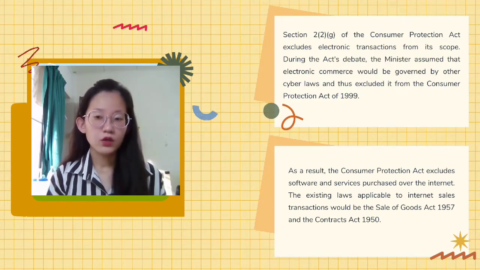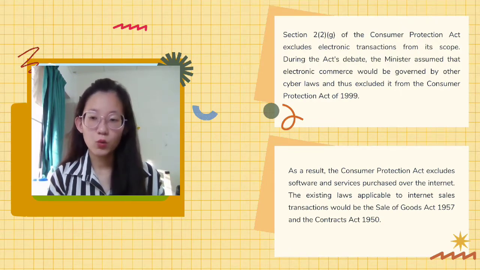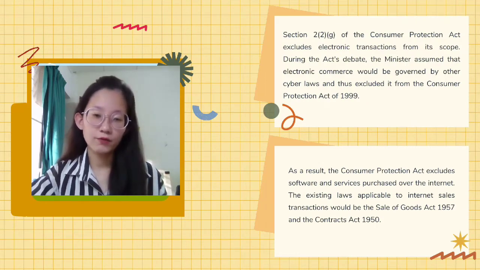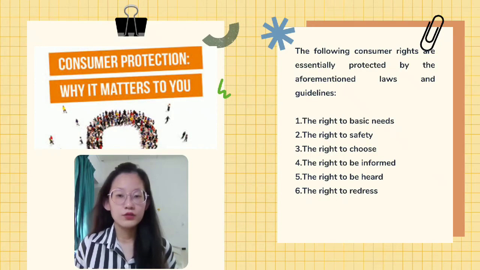As a result, the Act excluded software and service purchases over the internet. The existing laws applicable to internet sales transactions would be the Sale of Goods Act 1957 and the Contracts Act 1950. So consumer rights are essentially protected by the aforementioned laws and guidelines.